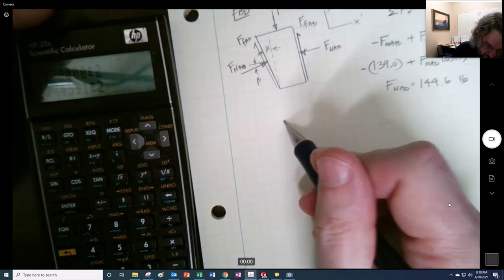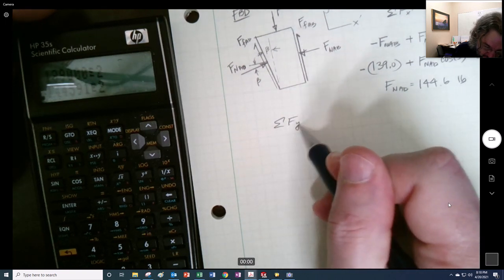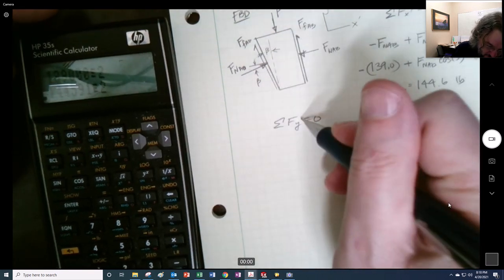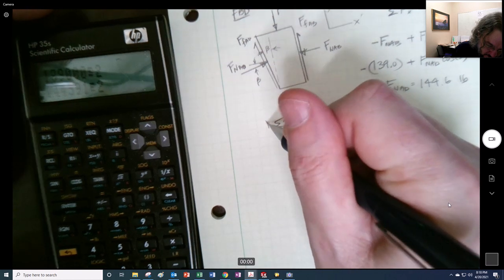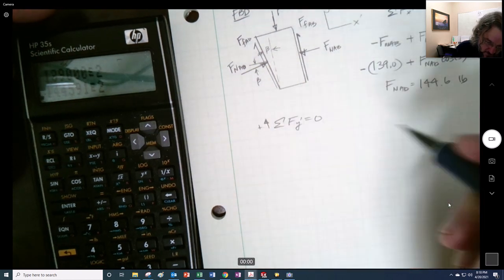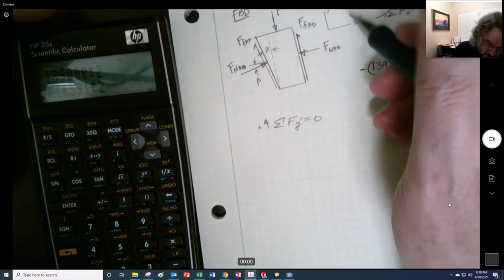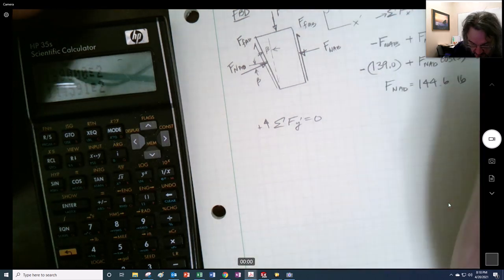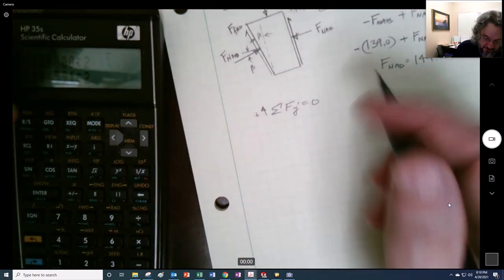And then sum of the forces in the y prime direction equals 0. Should have been aligned. I guess it's aligned. Okay, just subtle.